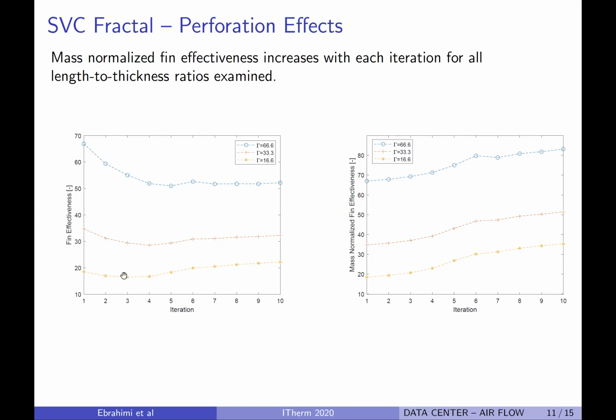The main reason is that the temperature distribution is more uniform for the thicker fin. For all 3 fins shown on the right plot, the mass normalized fin effectiveness increases. So it shows how effective the Smith-Volterra-Cantor set is to enhance heat transfer from the heat source.